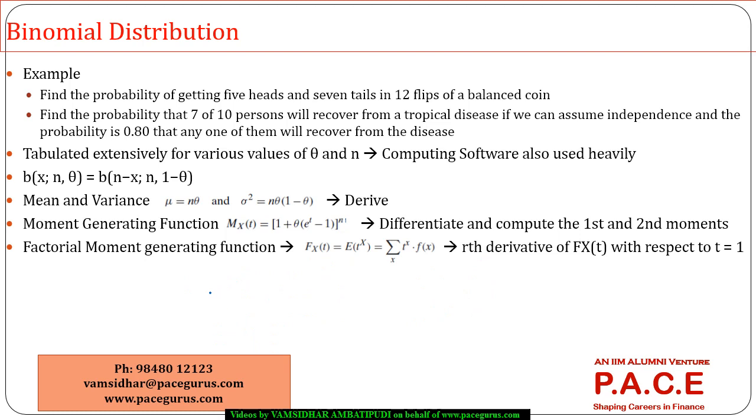So let me do it again. n theta e power t into (1 plus theta (e power t minus 1)) to the power n minus 1.